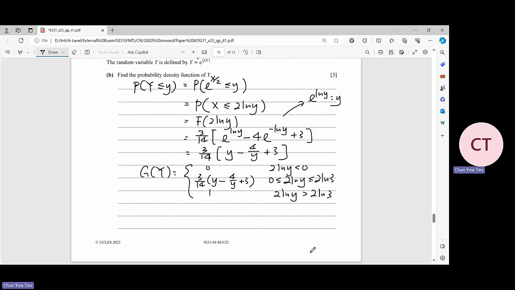Okay, so we simplify them. This part is already done. Just the domain needs to be simplified further.